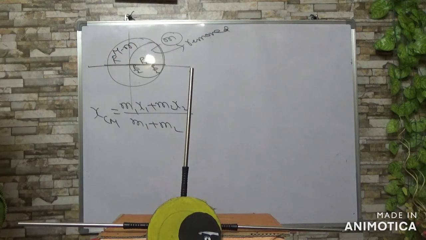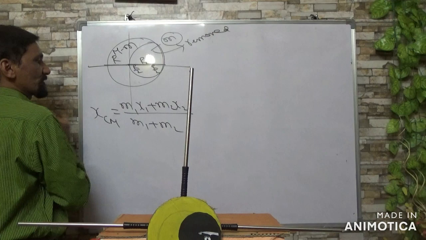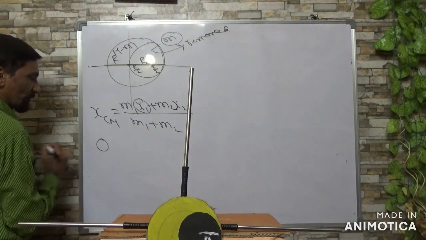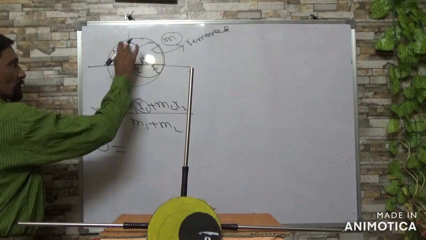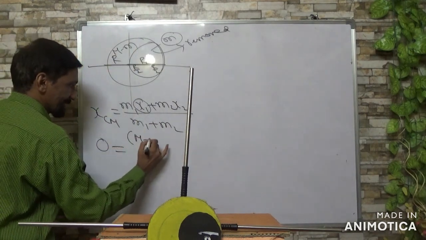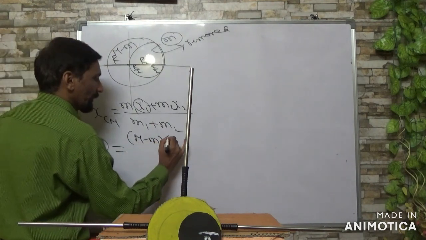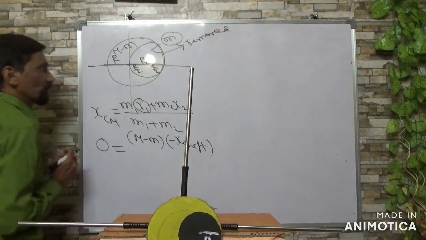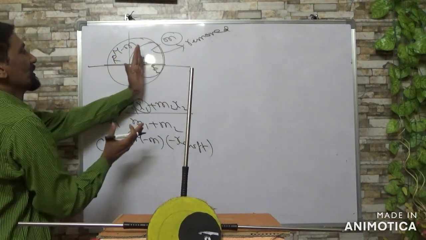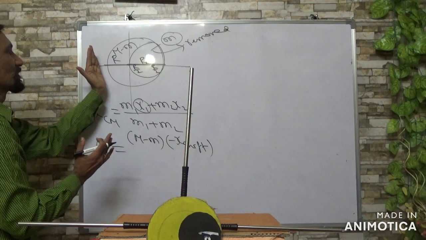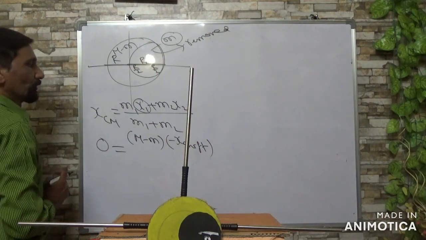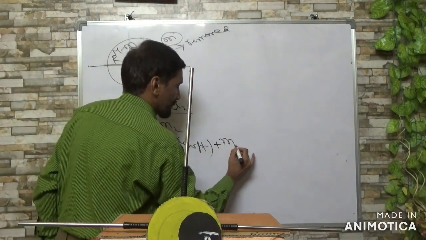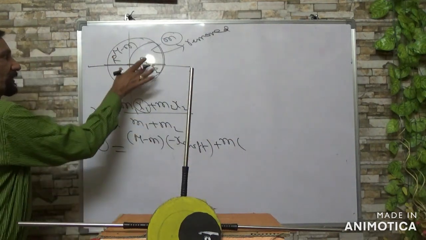Next, about the coordinates, the initial center of mass is 0, so 0 equals, for the first one, take M minus m into minus x shift. Why? Because when certain mass is removed, the center of mass moves towards the more mass side. Plus m2, the second one is small m into the corresponding distance.